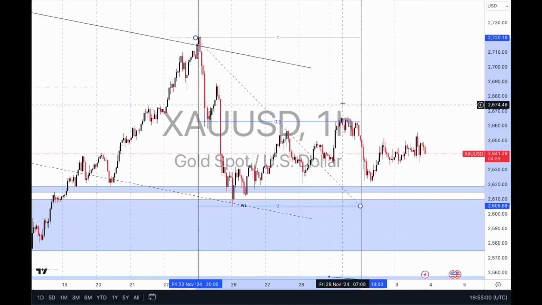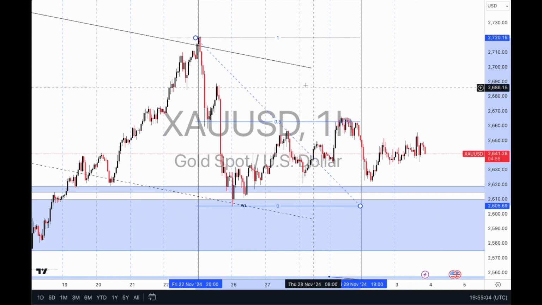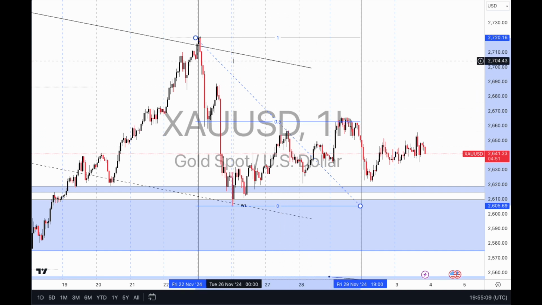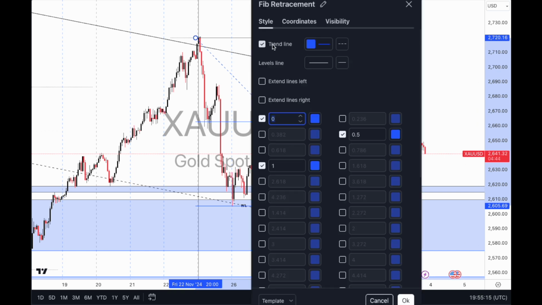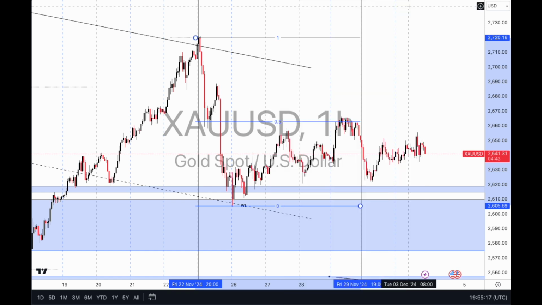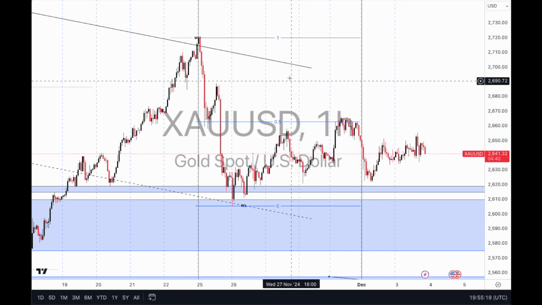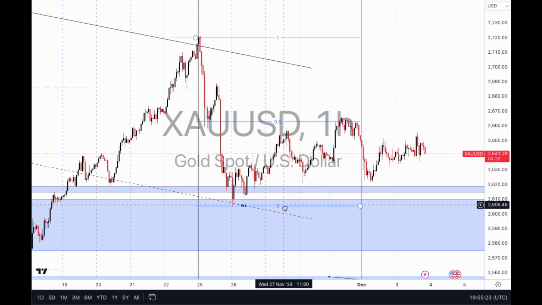So last week, this is the zone. This is the situation that we had, and this whole entire fib level is based off the weekly high and the weekly low. Another thing as well, let me get rid of this. It's also really annoying to have this on the screen. Okay, right, so it looks much better. So we have the 100%, 50%, and 0%, right?